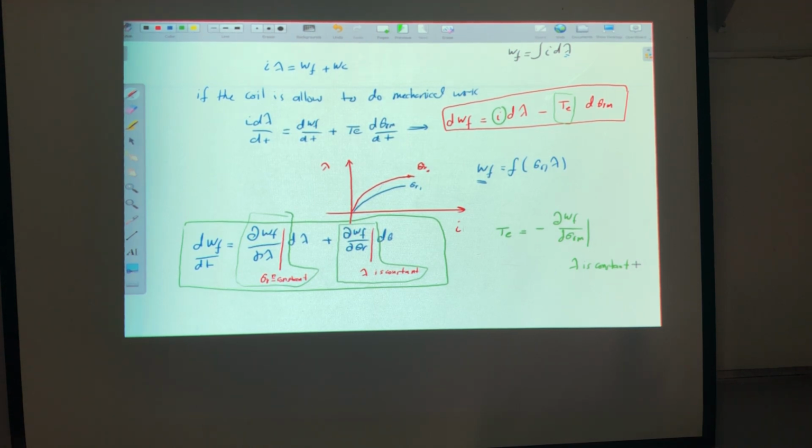Now, what about if I need to find the co-energy? Someone will say if I'm having the field energy, I will differentiate the field energy with respect to theta, and I will find the torque. Now, what about the co-energy?